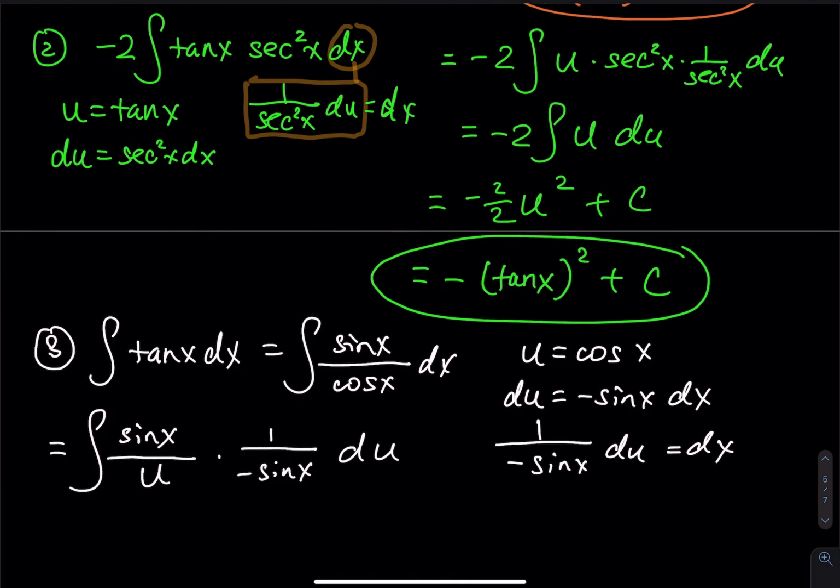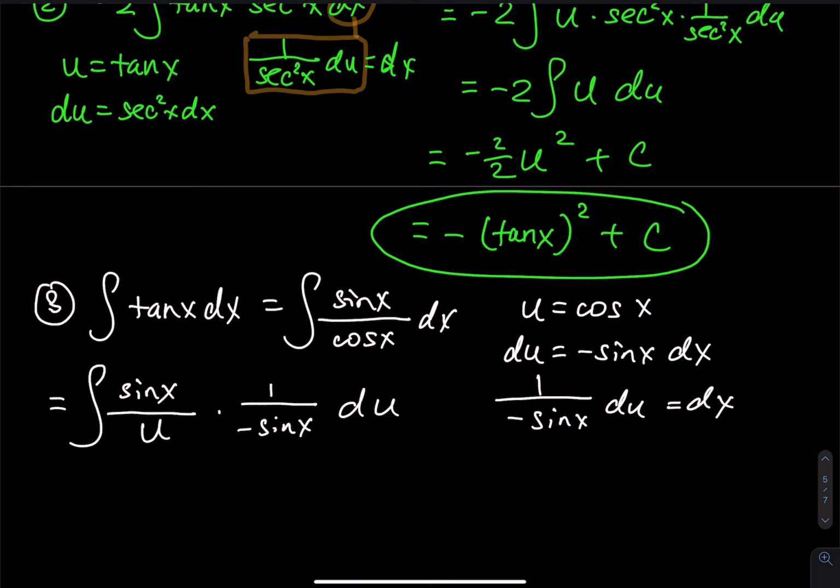And then what do we have? The sine got cancelled, so we have a 1 over u only, then that becomes an ln, right?